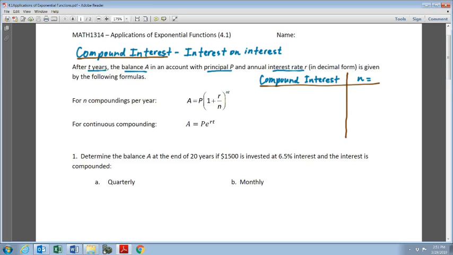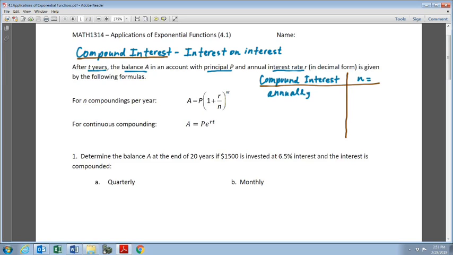So in this formula, we already know t is years, A is the balance, P is the principal, and r is the interest rate. n is actually the number of times per year. It says here n compounds per year. It's the number of times the interest is compounded per year. So in the example I gave you when it was monthly, n is 12 because 12 times a year they're applying interest to your account.